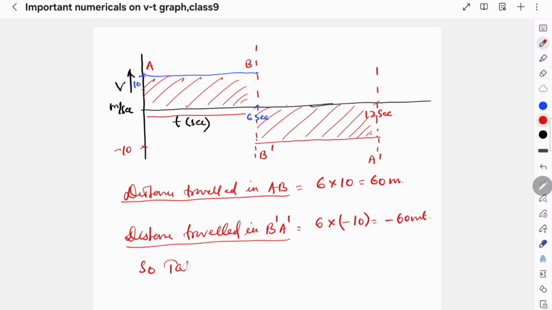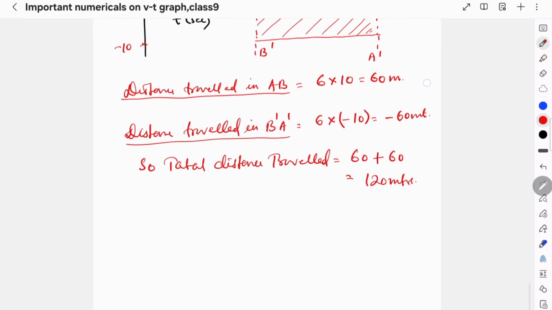So the total distance traveled is 60 plus 60, that is 120 meters.